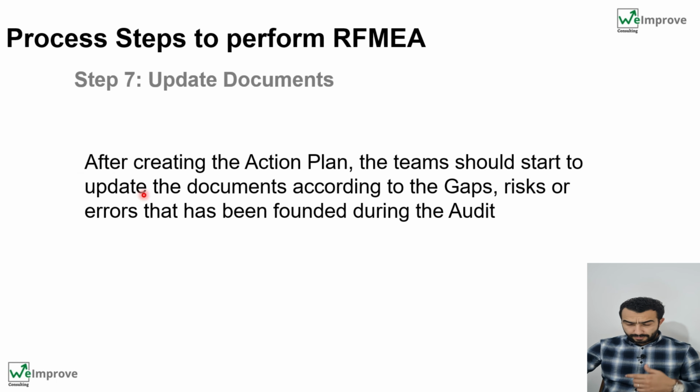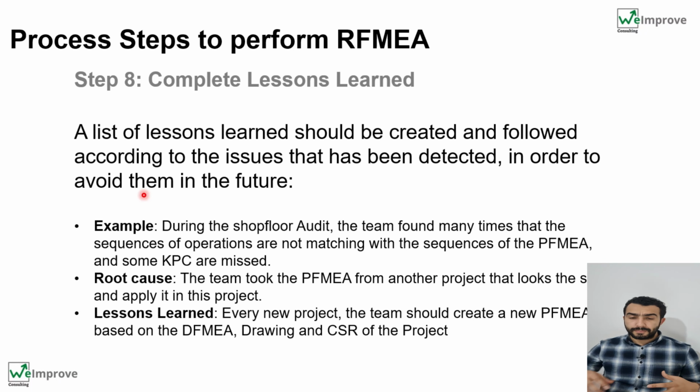After updating the documentation, the next step is to complete the lessons learned. After all these activities, obviously you will find some errors, some gaps, some mistakes. We cannot leave it like that; we have to build some lessons learned from that.